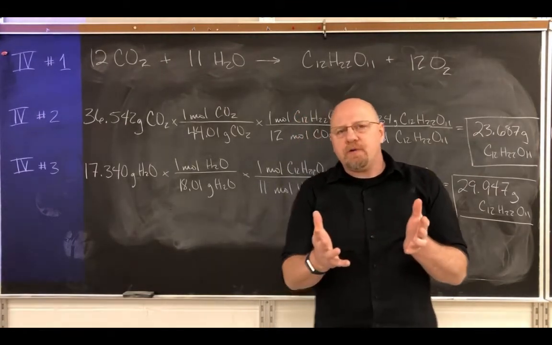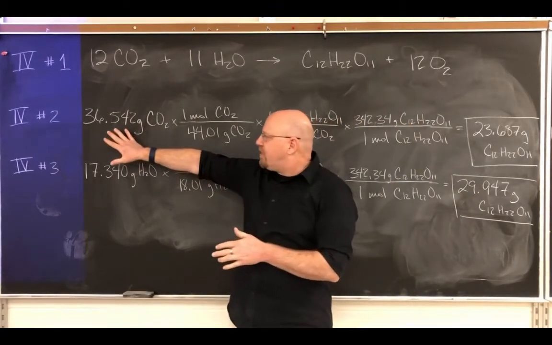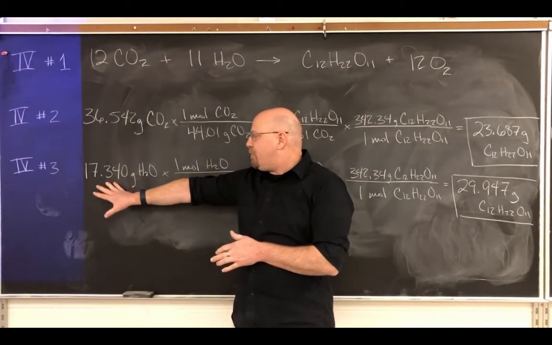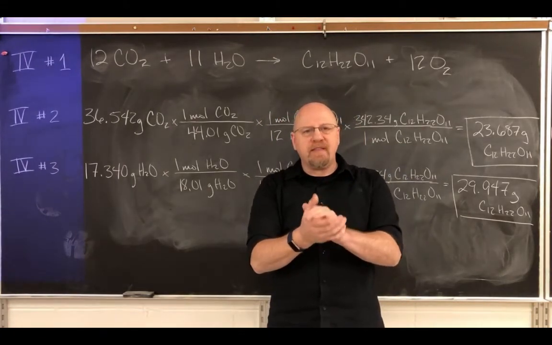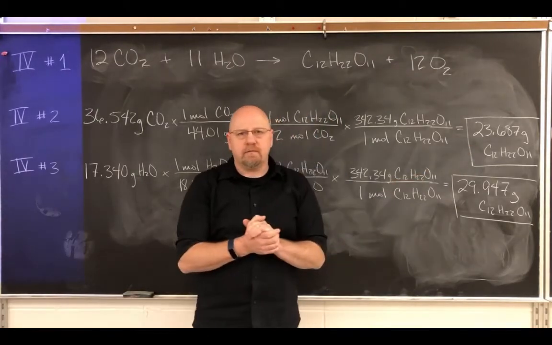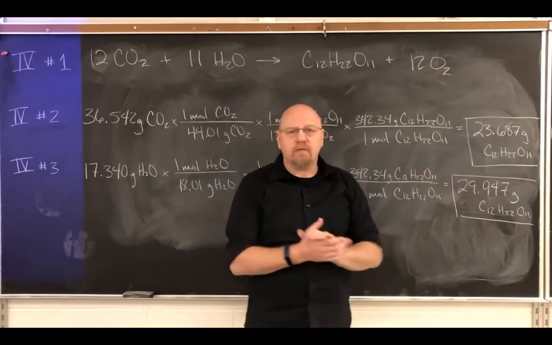Now, what if we took a container and put in 36.542 grams of carbon dioxide and 17.34 grams of water, and made them react to form sucrose? We're also going to form oxygen, but we're focused on the sucrose.